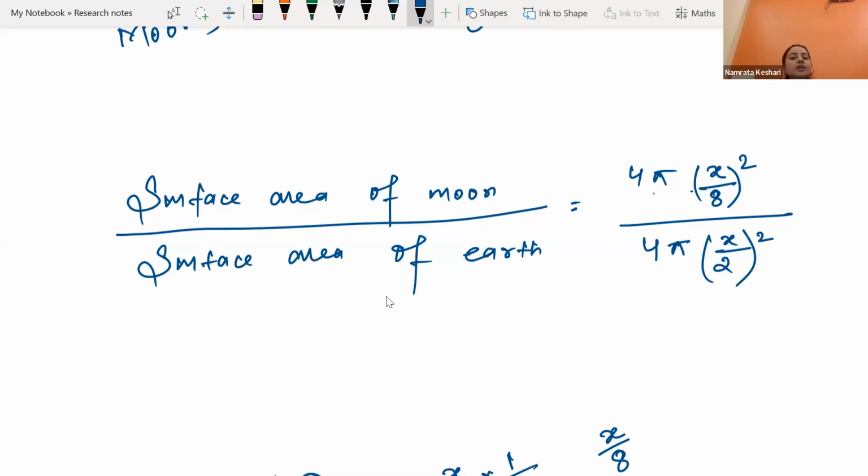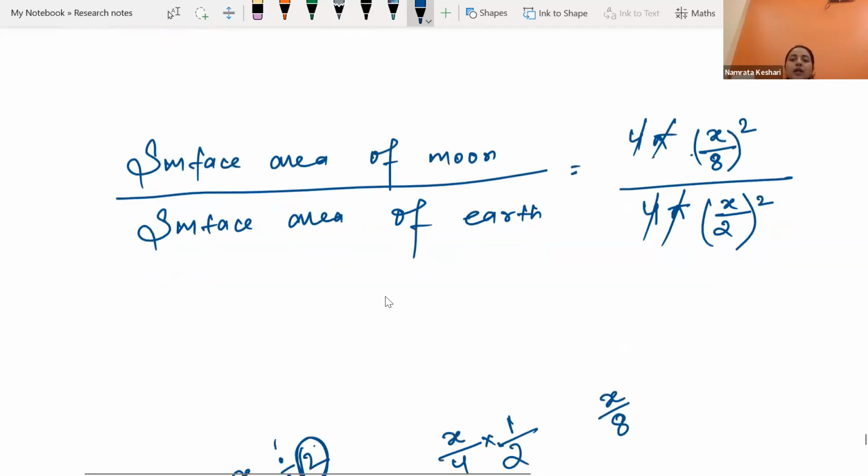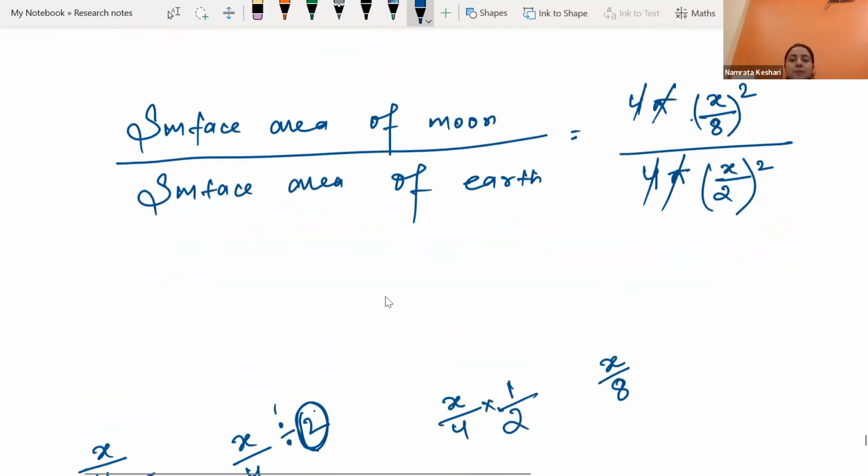Directly you can see pi pi gone, 4 4 gone. We'll be able to cancel it out. Now what are we left with? In the numerator, x square by 8 squared, that means 64, and the denominator will be x square by 2 square, which is 4.